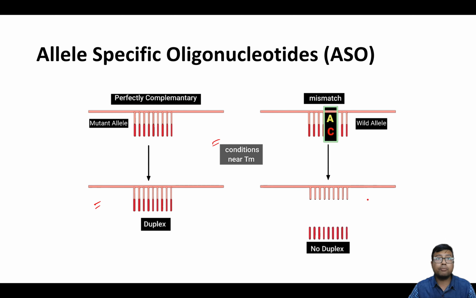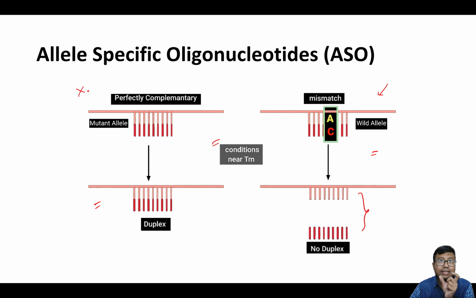However, in case of the probe W, the duplex, due to mismatch, has dissociated. The same could have been if we gave probe W, that is the wild type probe. The match would have been here and this duplex would have been stable. However, this would have been dissociated. So this is the concept of allele specific oligonucleotides.